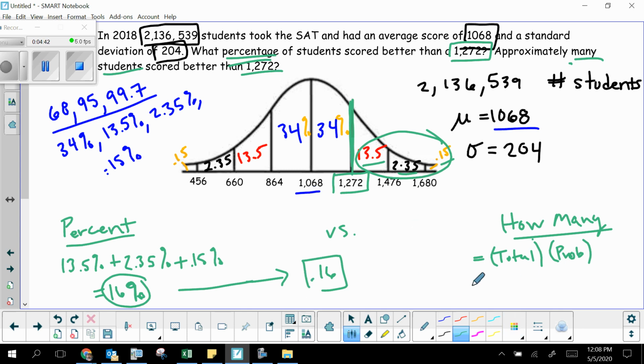Come over here and let's plug in. We know our total. We already kind of did that at the beginning. Plug that in first: 2,136,539 times the probability, which was 0.16.